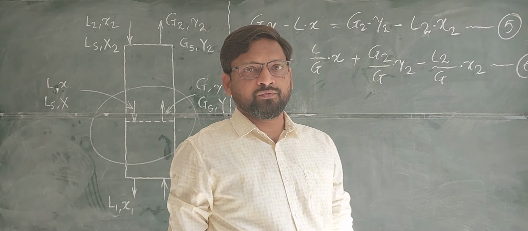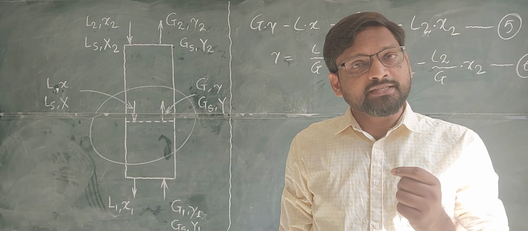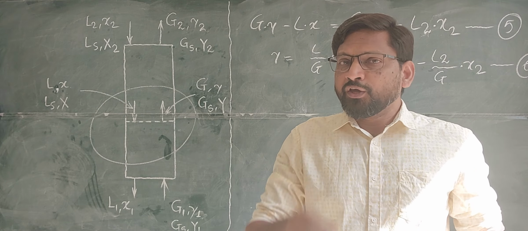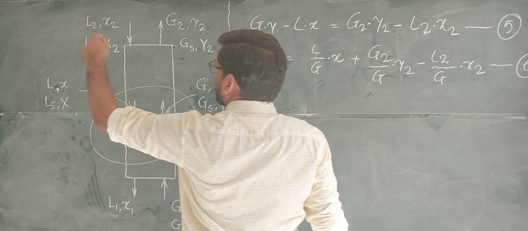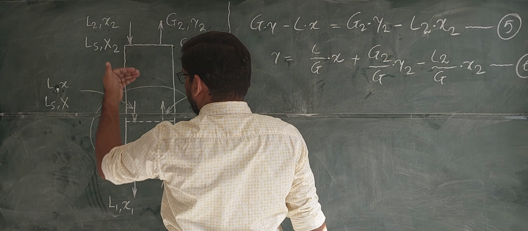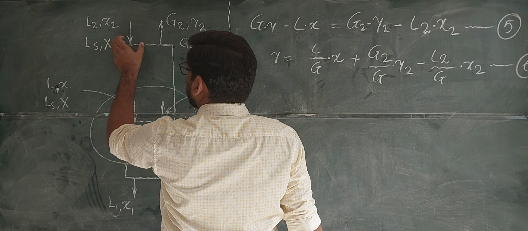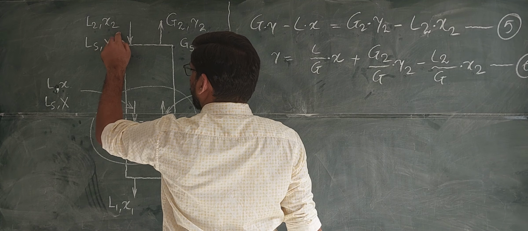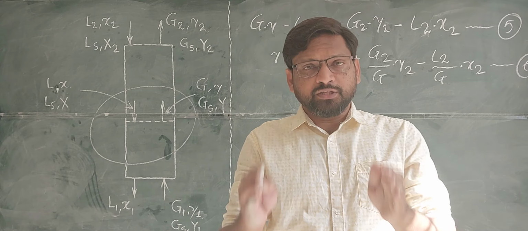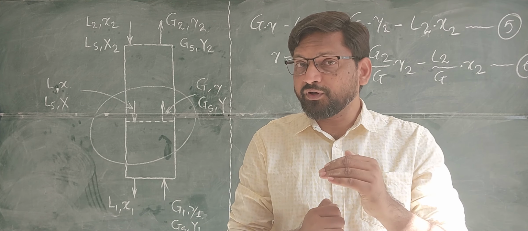How can we say that this is the equation of a straight line? If you look at the diagram, you can see the solvent coming into the column at the top has the composition of solute X2. What if the solvent is pure, free of solute?